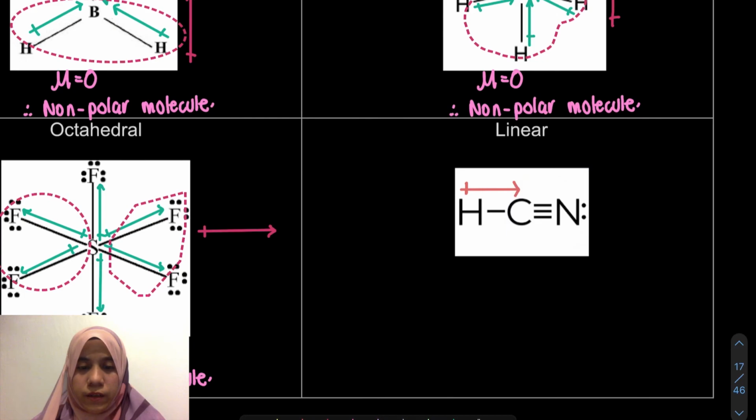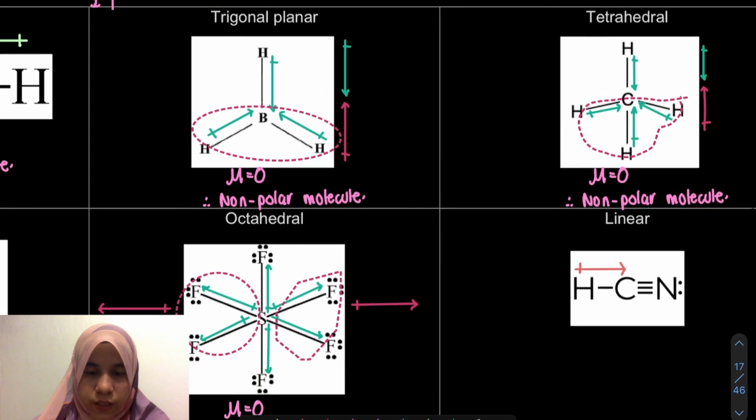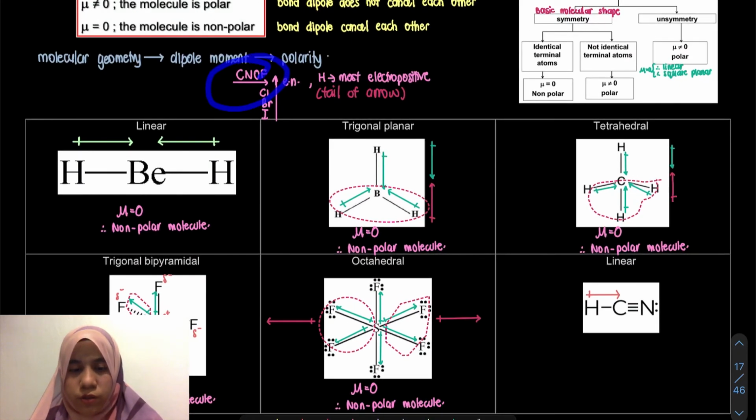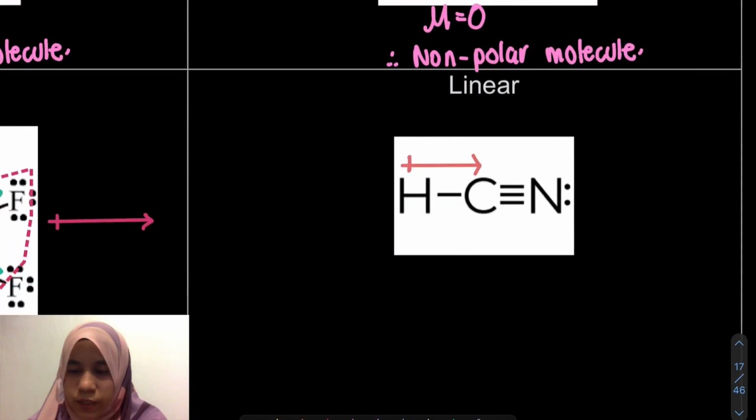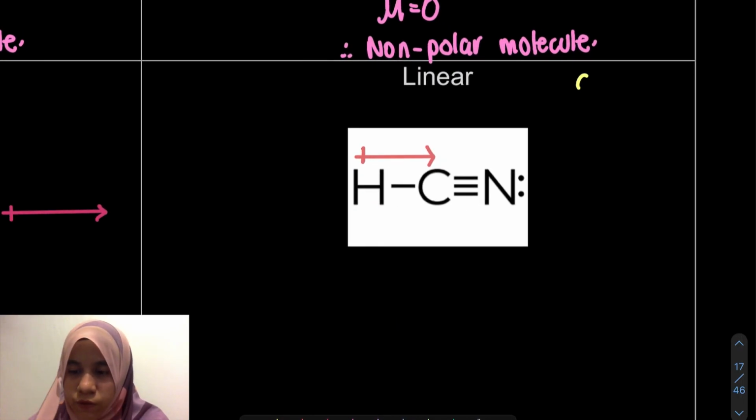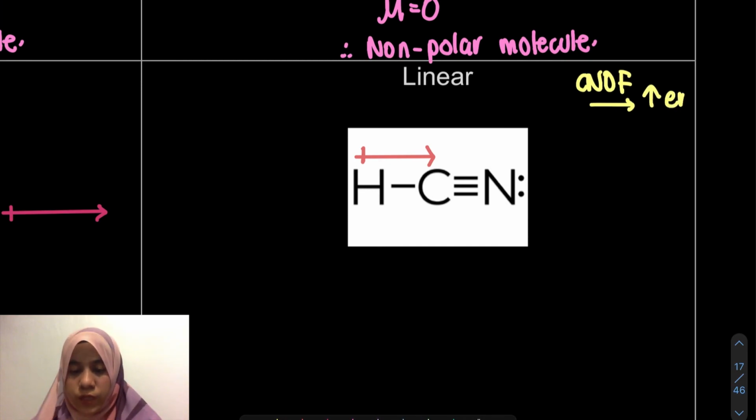Okay, if you still remember, carbon, nitrogen, oxygen, fluorine, this is increasing electronegativity. Between carbon and nitrogen, nitrogen is more electronegative. So this time around, our arrow will face this way, facing nitrogen.